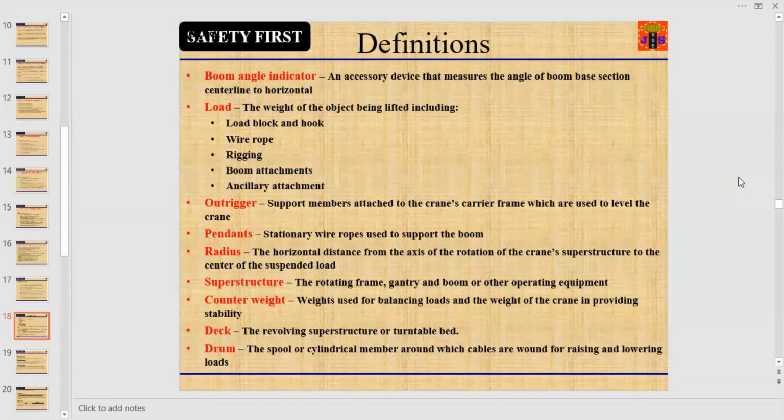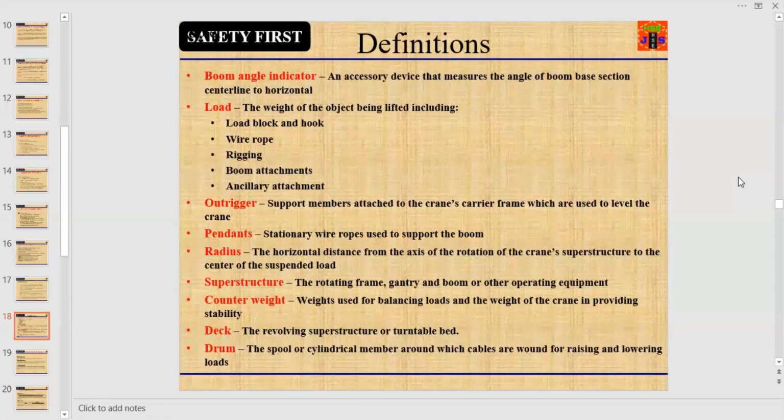What is radius? The horizontal distance from the axis of rotation of the crane's superstructure to the center of the suspended load. What is superstructure? The rotating frame, gantry, and boom or other operating equipment.